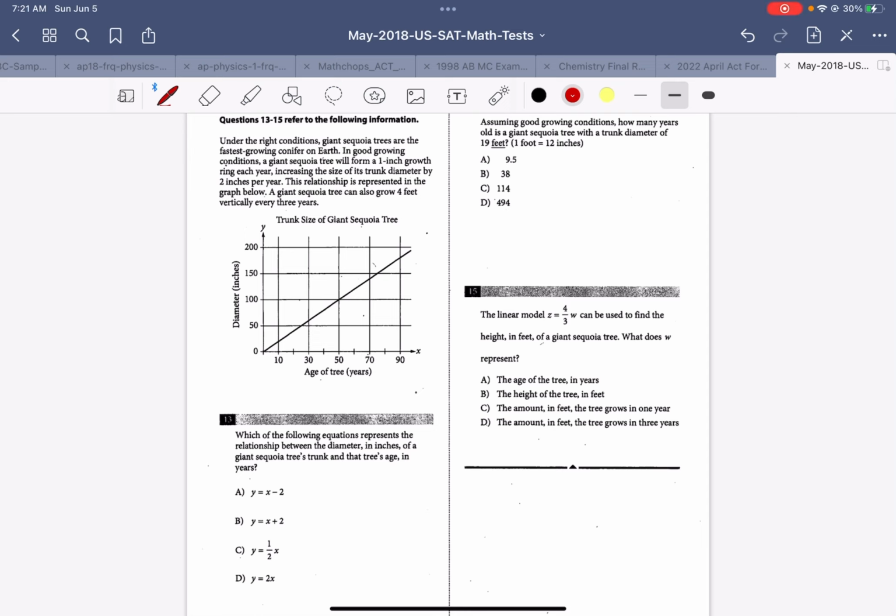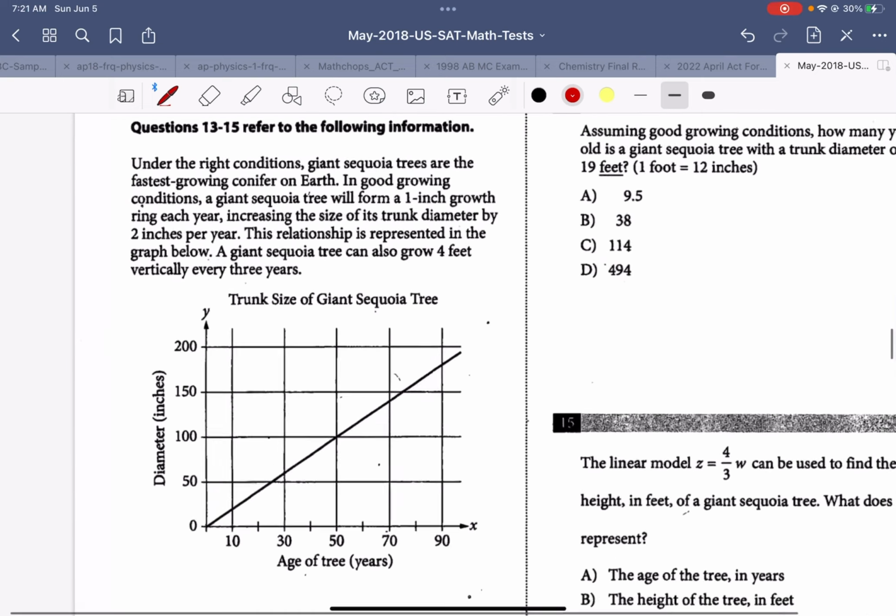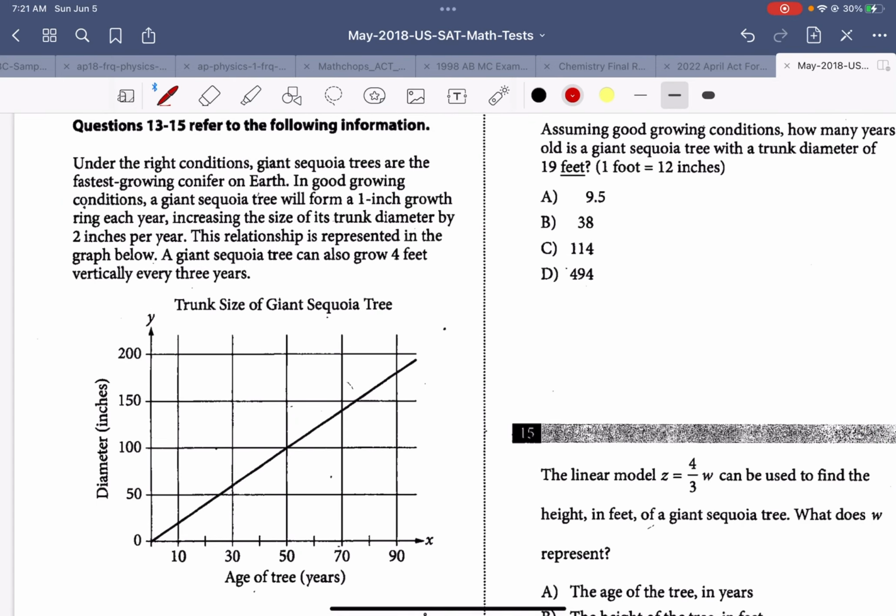In good growing conditions, the giant sequoia tree will form a 1-inch growth ring each year, increasing the size of its trunk diameter by 2 inches per year. The relationship is represented in the graph below. The giant sequoia tree also grows 4 feet vertically every 3 years.